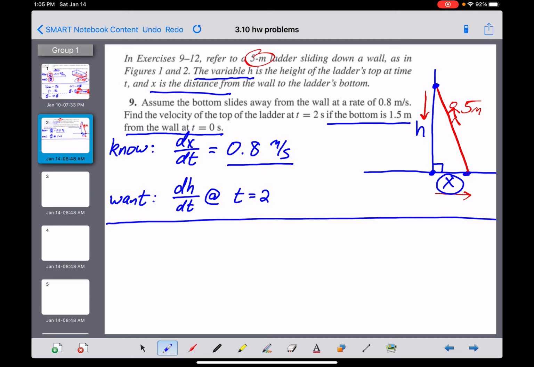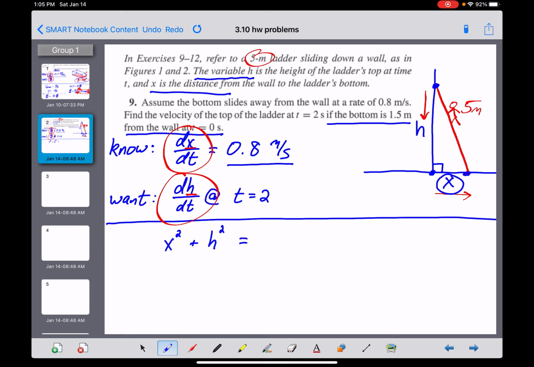So let's set this thing up, everybody. What we eventually need is an equation that relates dx/dt with dh/dt. But before we get that, we need an equation that relates x with h. Looking at this diagram, the equation that ties x and h together is the Pythagorean theorem. Legs squared, x squared plus h squared, is equal to the hypotenuse squared.